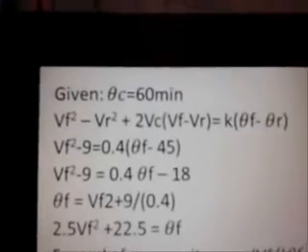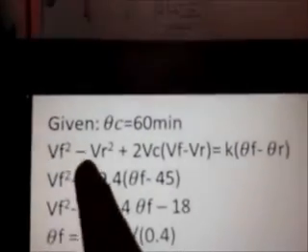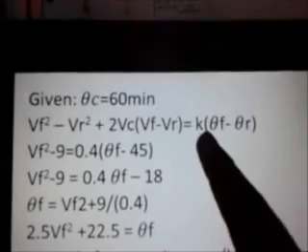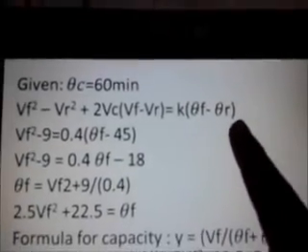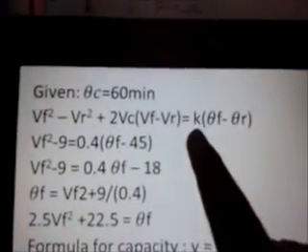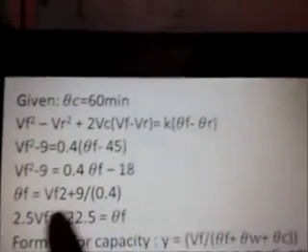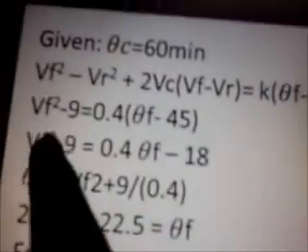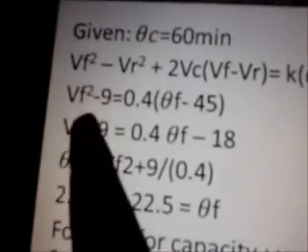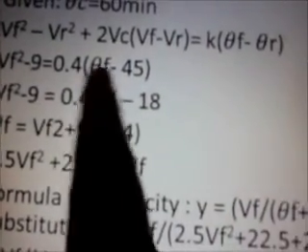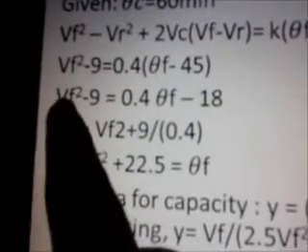So Bf squared minus Vr plus 2Vc Bf minus Vr is equal to K theta F minus theta R. We now have the value of K. And then just simplify the equation. We'll now have Bf squared minus 9 is equal to 0.4 theta F minus 45.